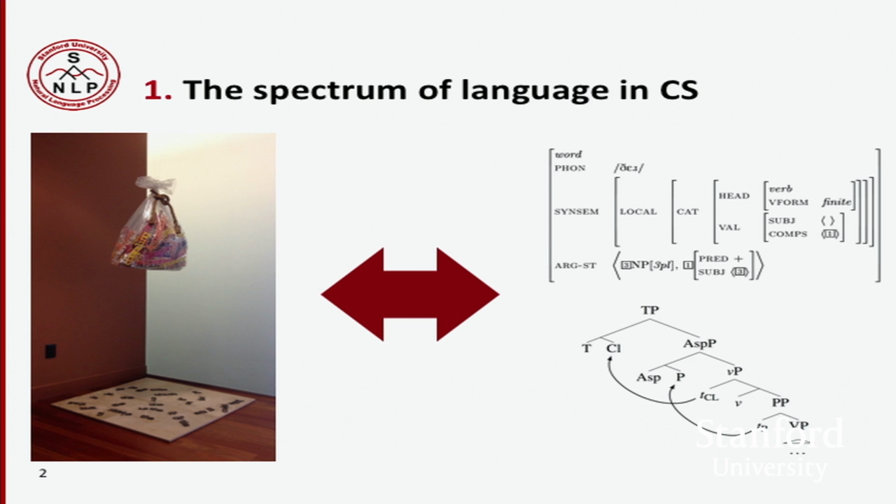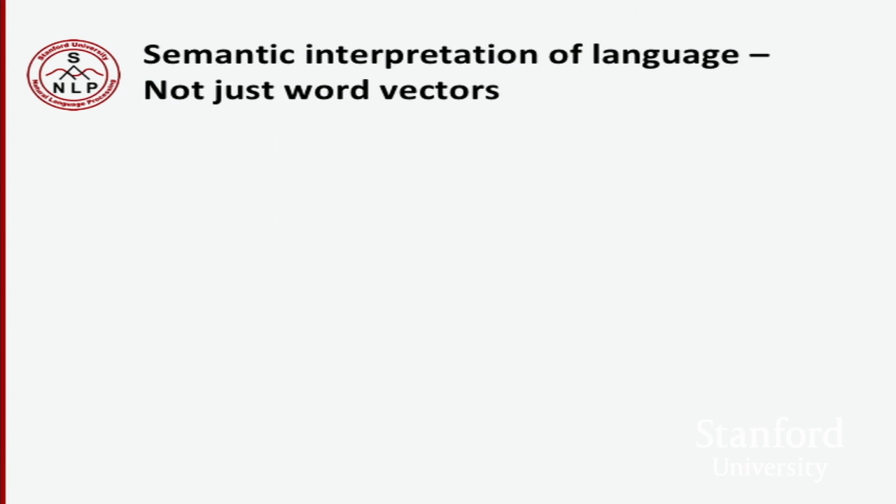If you want to be somewhere in the middle and have something that roughly captures the most fundamental properties of language, it seems like you don't want to have just word vectors, and you want something that can minimally capture the main ideas of the semantic interpretation of language.